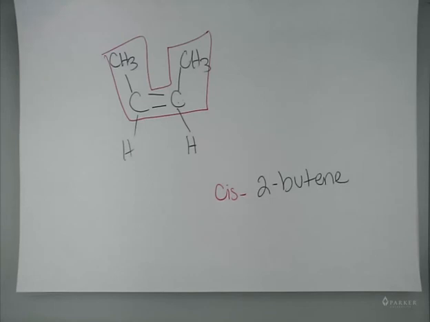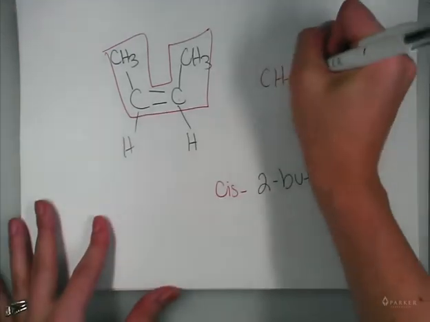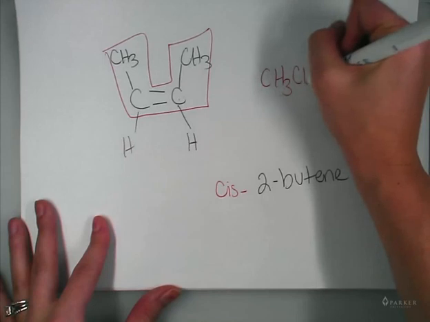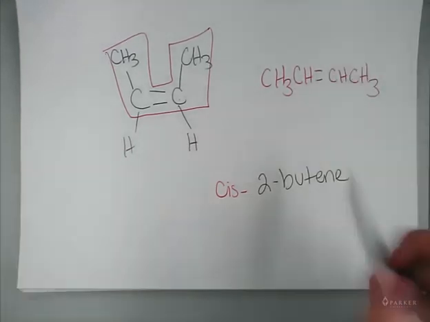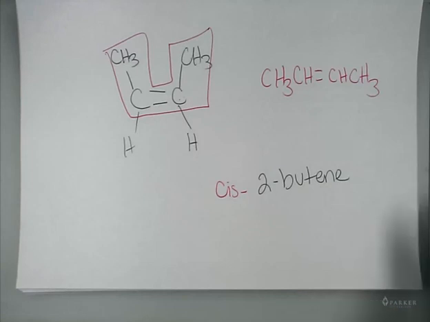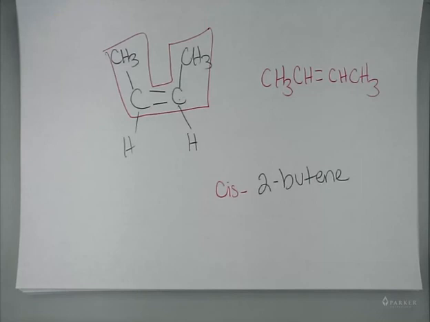So cis and trans goes at the very beginning of the name. So name everything like you would, and if you can see cis or trans, then you put it in there. And how do you know if you can see cis trans? Let me show you this where you can't see it. Okay, that's the same exact compound. That's butene, 2-butene. But can I tell if that's cis or trans?